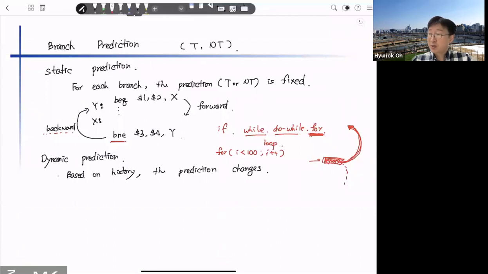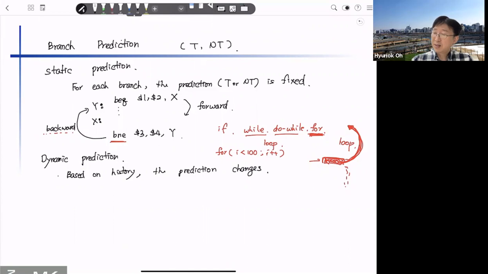So 100 times, whether this is jumping back or jumping forward. In most cases, it's backward. 100 times is jumping back, right? And then in the last case, it is just going to the next instruction when it's exiting from the loop. So in most cases, when the branch is jumping back, that means it is actually representing a loop. In the loop case, this branching back is happening. So for the loop case, it is better to take the branch, right?